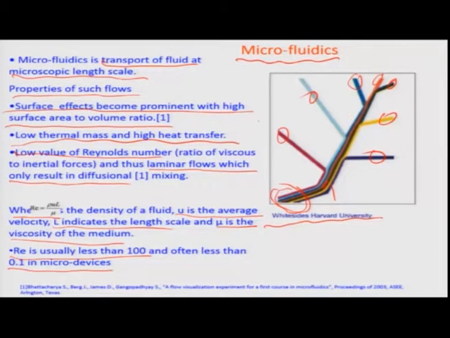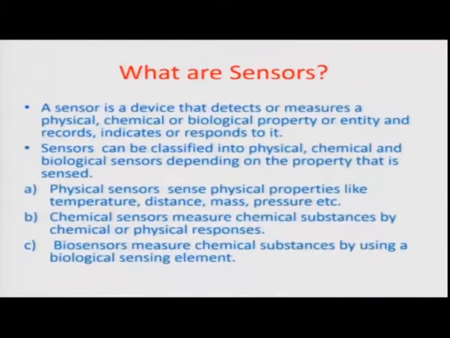So, such experiments are even possible at the microscopic length scale, where we can talk about such microfluidic devices with peculiar properties which can be used for many applications.